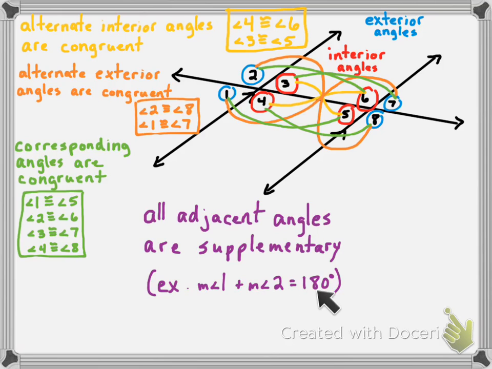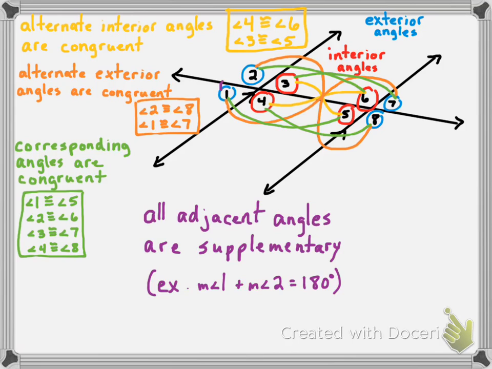That's why I put this example here. But it's not just these two. Angle 2 and angle 3, they're supplementary. Angle 5 and angle 6. Angle 4 and angle 1. Angle 7 and angle 8. Any two angles beside each other, adjacent to each other, are supplementary, and they add to 180.